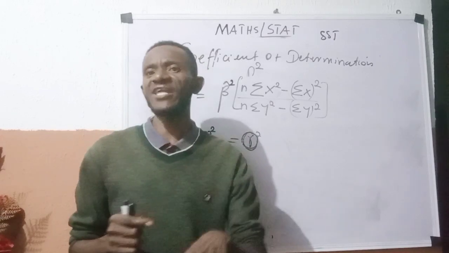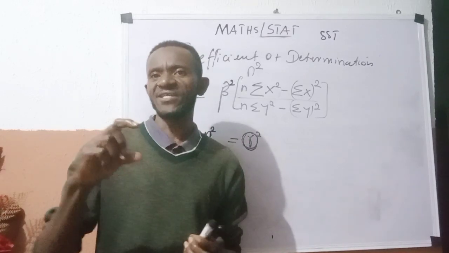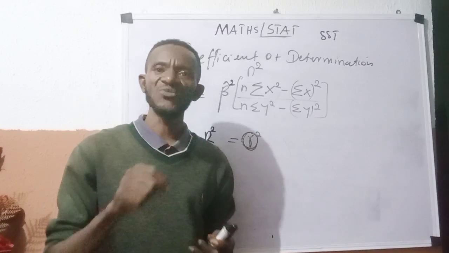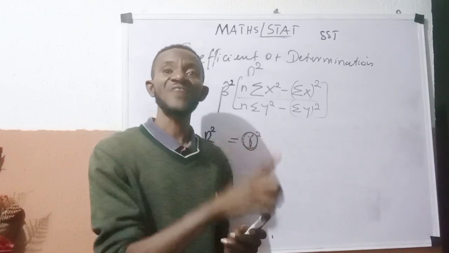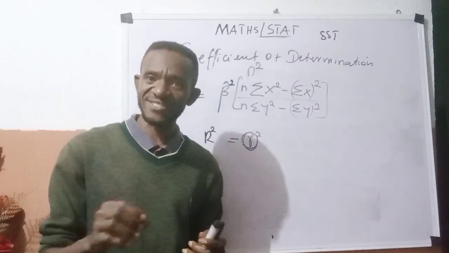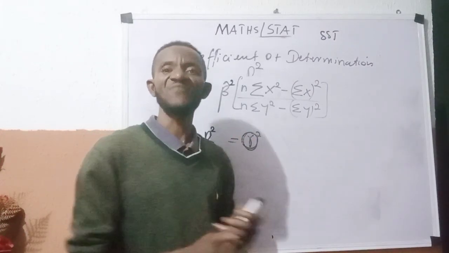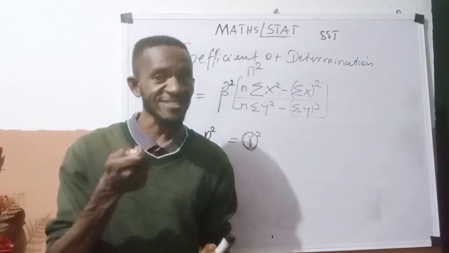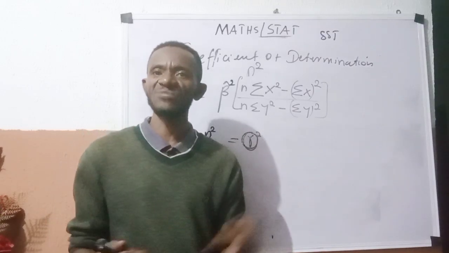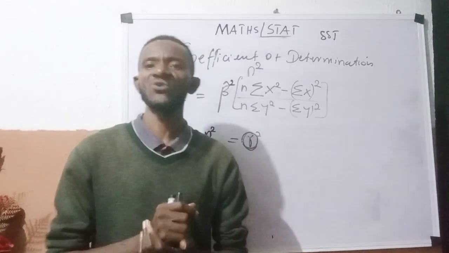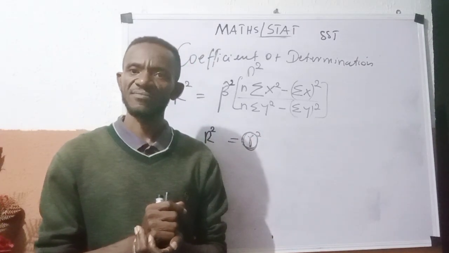So in correlation, we are looking at the degree of this relationship that exists between these two or more variables, or the strength of the relationship, or the extent of relationship that exists between these two or more variables. That is what we do in correlation.